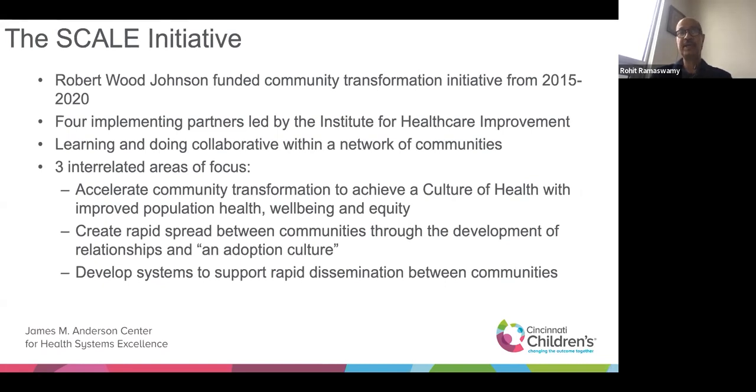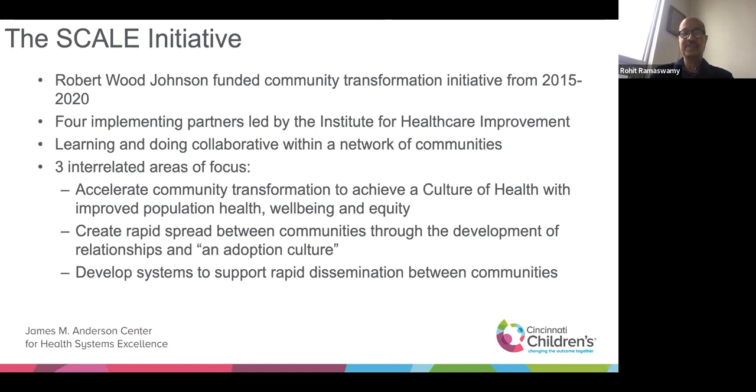It led this work along with several community implementing partners. And the whole idea around the SCALE initiative was to build a learning and doing collaborative within a network of communities, and to build system capacity, cross-community capacity for transformation.